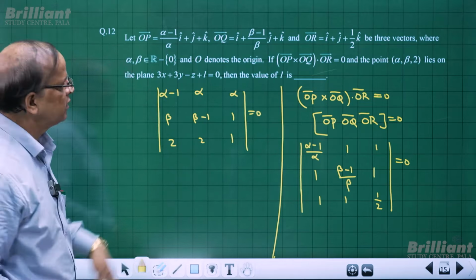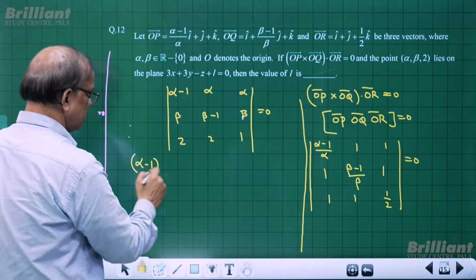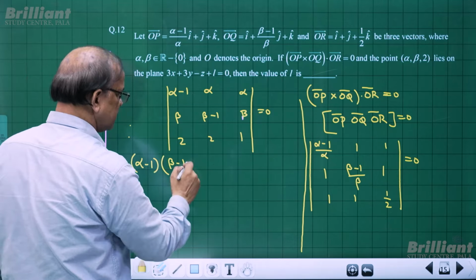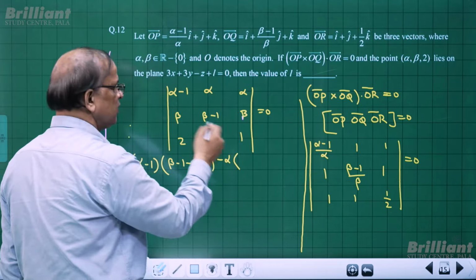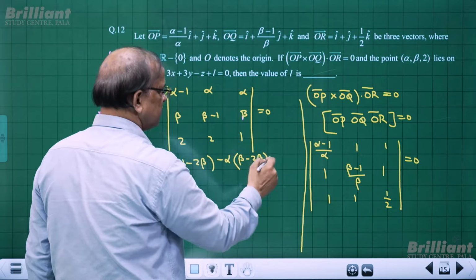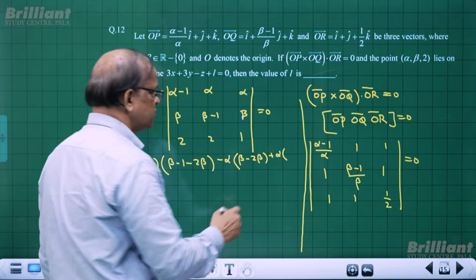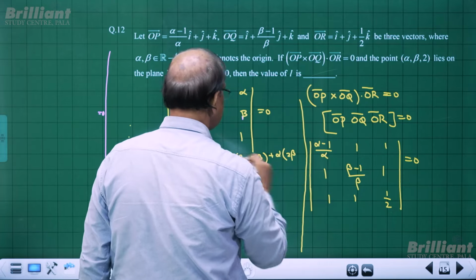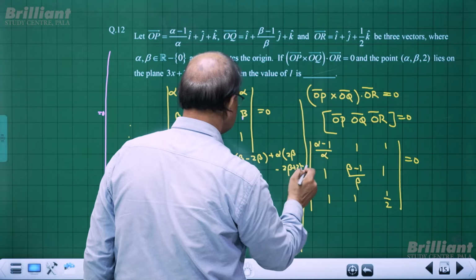Now, I will expand. Alpha minus 1 into beta minus 1 minus 2 beta, minus alpha into beta minus 2 beta, then plus alpha into 2 beta minus 2 beta plus 1, 2 beta minus 2 beta plus 2 is equal to 0.